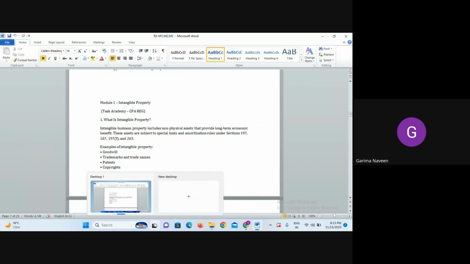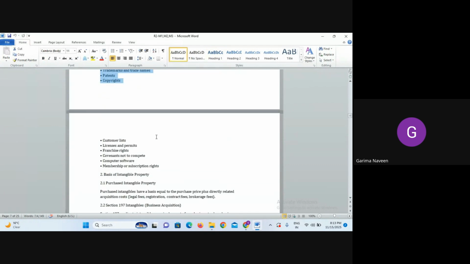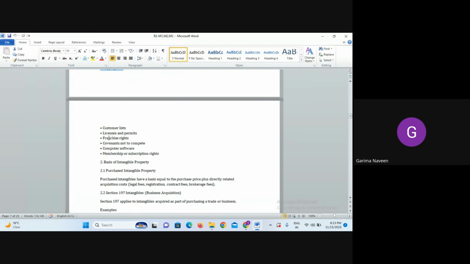They provide long-term economic benefit. Examples of intangible property are goodwill, trademarks, trade names, patents, and copyrights. Customer lists, licenses, permits, franchise rights, covenant not to compete, computer software, membership or subscription rights.